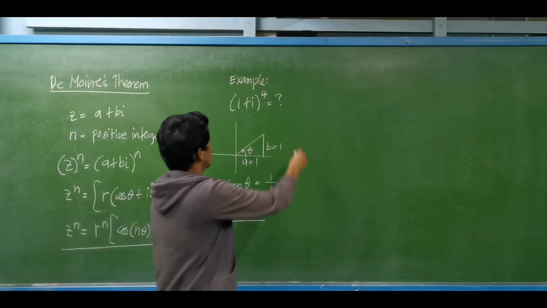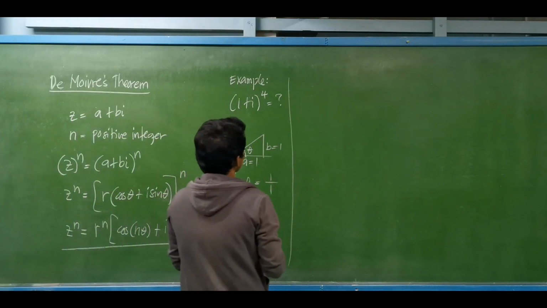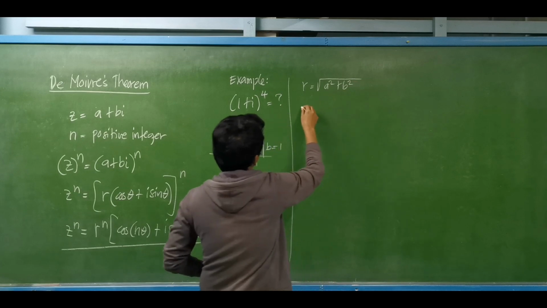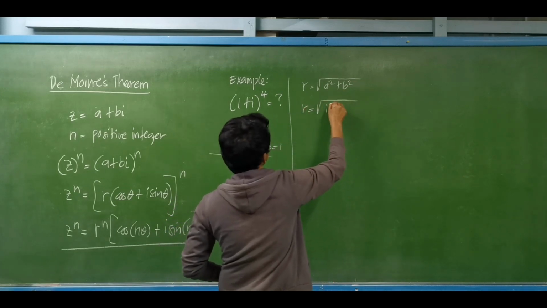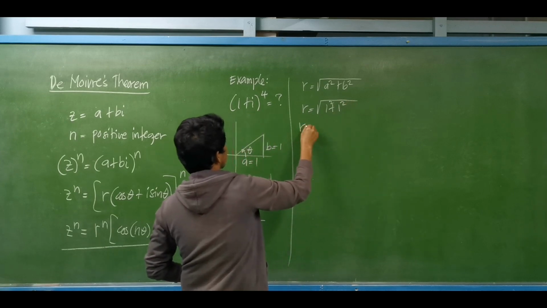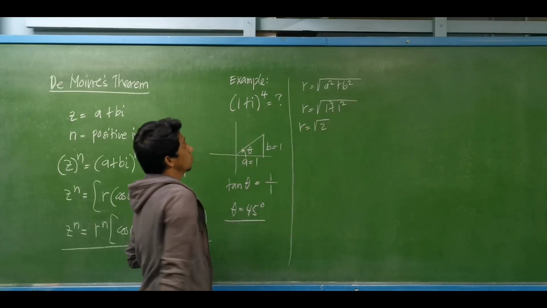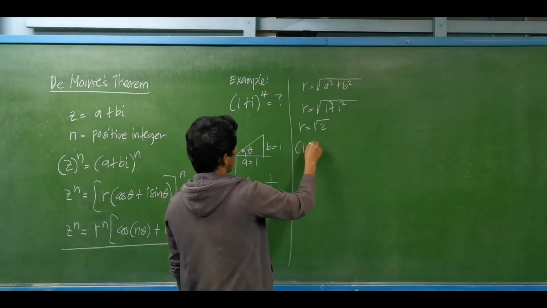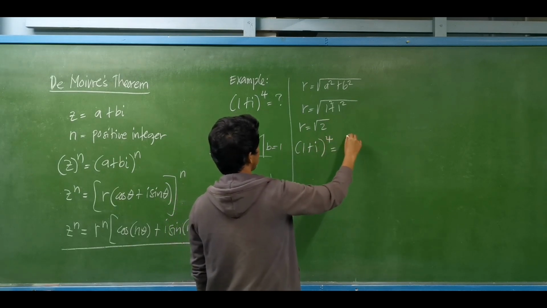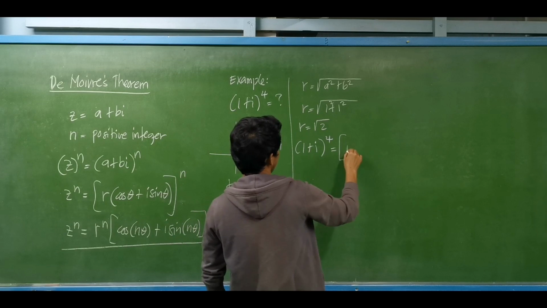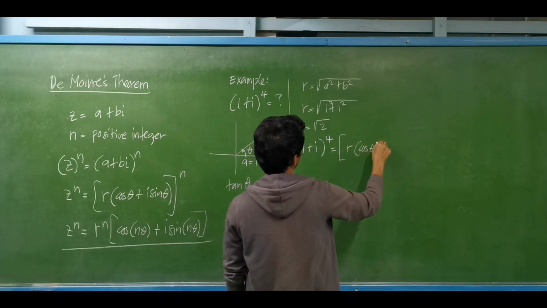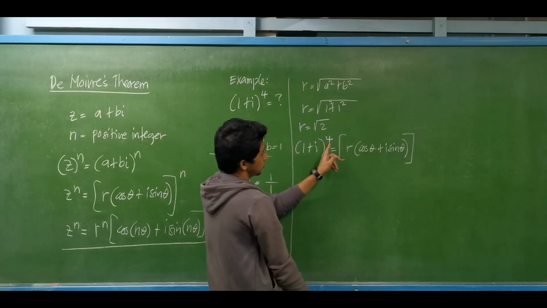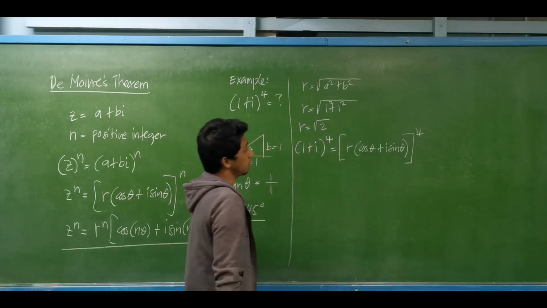We also need the modulus. So we have the modulus r, that's the square root of a squared plus b squared. The value of r is the square root of 1 squared plus 1 squared, so the modulus is the square root of 2. If we convert 1 plus i raised to 4 to polar form, that is r multiplied by the quantity cosine of theta plus i sine of theta, raised to 4.